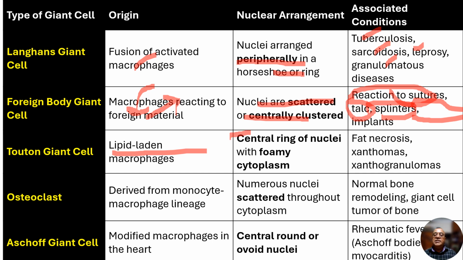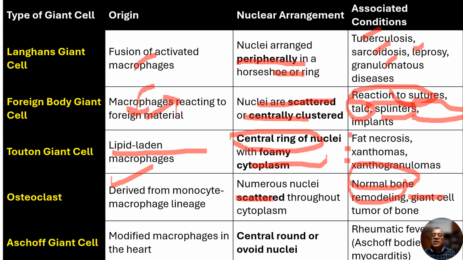In these, the nuclei are central along with foamy cytoplasm, and these are seen in fat necrosis, xanthomas, and xanthogranulomas. Osteoclasts we have just seen; they are normally derived from monocyte macrophage lineage, and they have about 6 to 20 nuclei scattered throughout the cytoplasm, and they are important for normal bone remodeling.